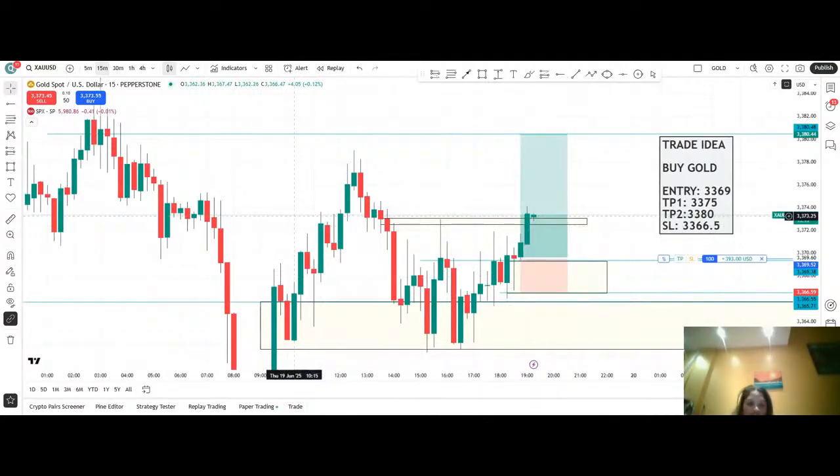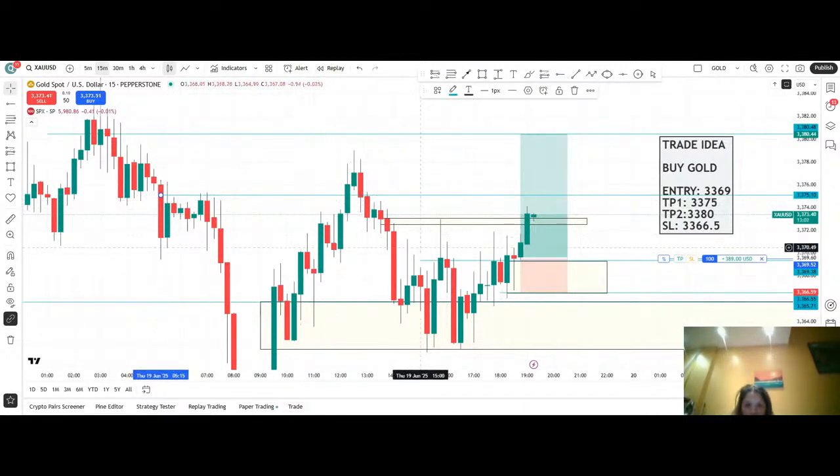Just take note that 3375 is also a key level, right? It is a key level. Hence, I have a TP1 there. So if you are in the setup and you are up nice in profits, secure some profits there as well if you want to. All up to you.